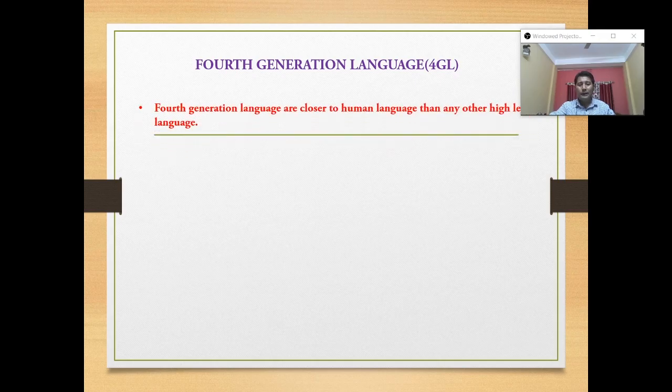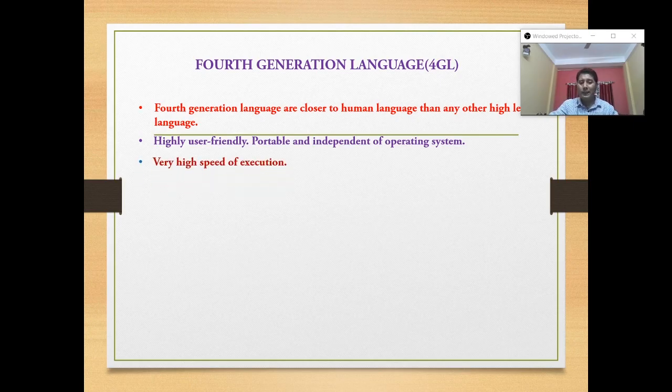Now, fourth generation languages. Fourth generation languages are closer to human language than any other language. They are highly user friendly and very easy to understand. They are portable and independent of the operating system, meaning they can run on different platforms.